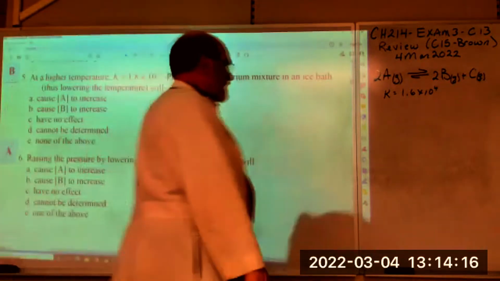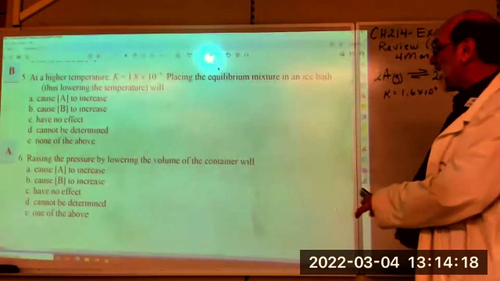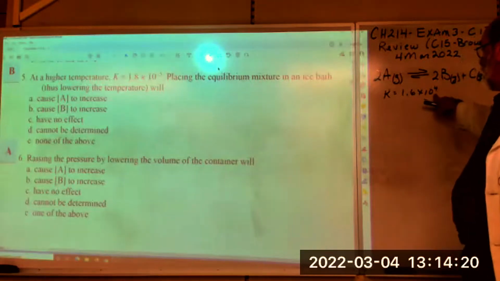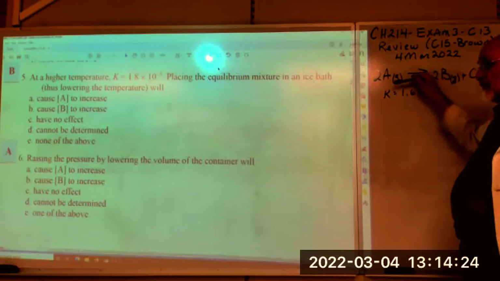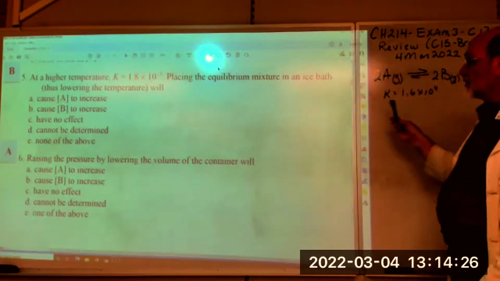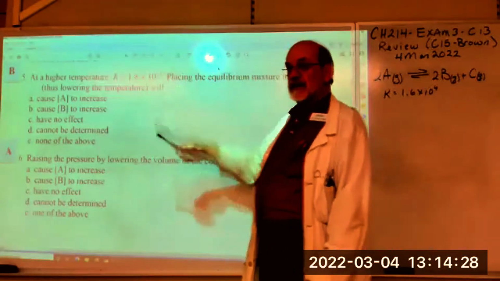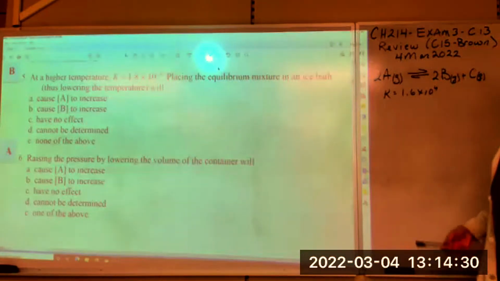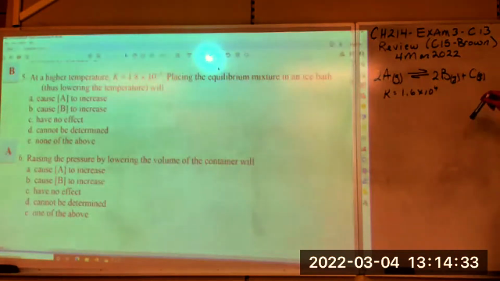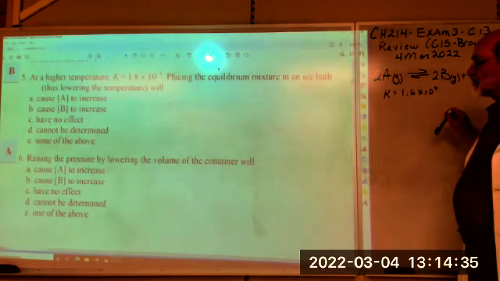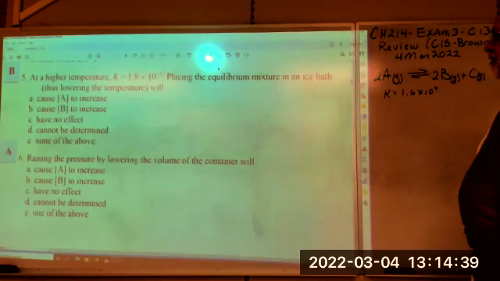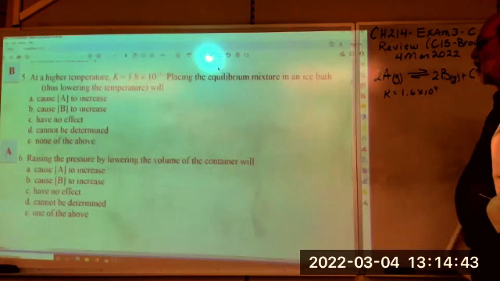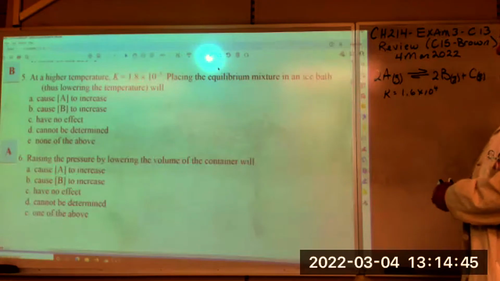All right, we're going to change the temperature. At a higher temperature, we flip from positive favoring products to favoring reactants because this value gets very small. It changes by 9 orders of magnitude at a higher temperature. So, placing the equilibrium mixture in an ice bath.